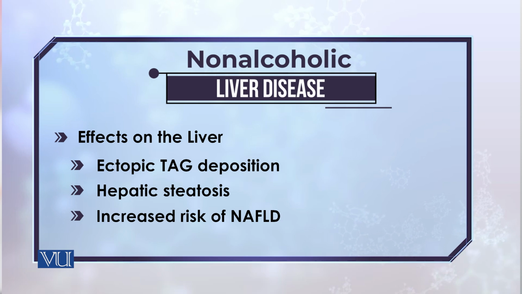Then liver has to work more than its ability, and also there is accumulation of lipid droplets, lipids in the liver, which leads to hepatic steatosis, and it increases the risk of non-alcoholic fatty liver disease.